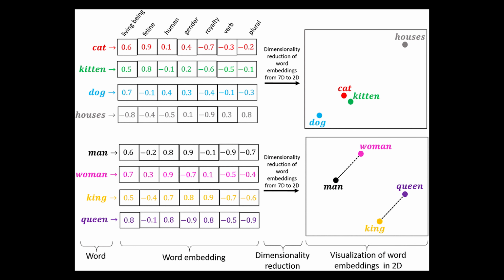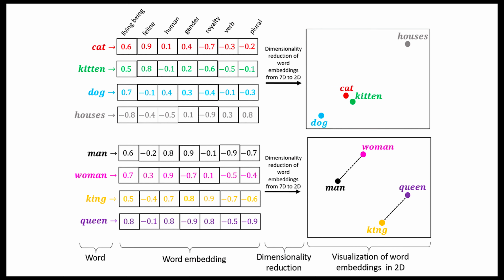So, how and why are these numerical vector representations of words meaningful? Well, think of it this way. Individual elements that make up a word vector represent different aspects or dimensions of each word. Like, we wouldn't associate cat with royalty, so it has negative values, indicating maybe an antonym, like betrayal.